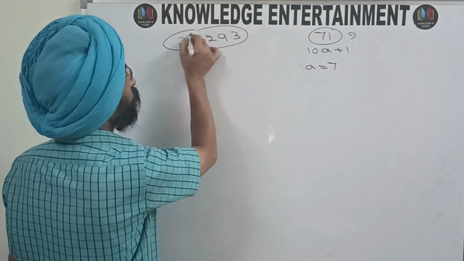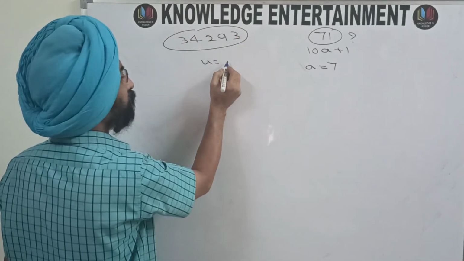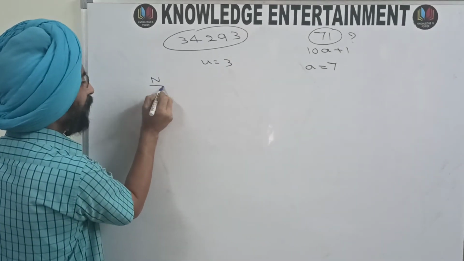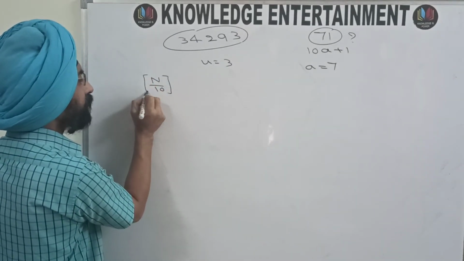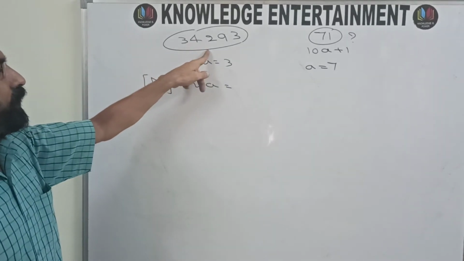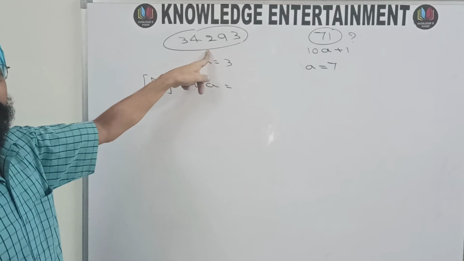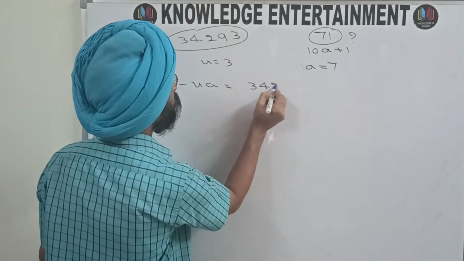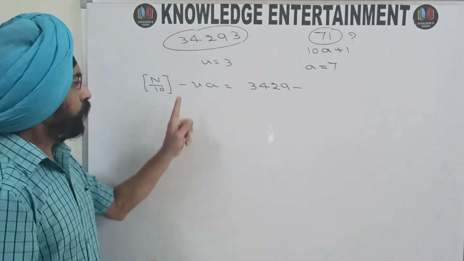And now come on to this number. Here your u is the units place number, this is 3. And you want to calculate floor of n by 10 minus ua. N by 10 is 3429.3, and the greatest integer function will become 3429 minus ua.